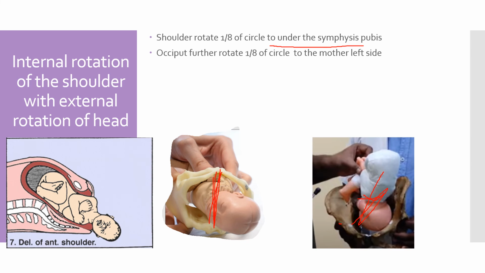Then simultaneously the occiput rotates a further 1/8 of the circle and faces the left side of the mother. For the mother, this side is the left side, this side is the right side. So the occiput rotates a further 1/8 of the circle to the left side of the mother. That is the meaning of internal rotation of the shoulder with external rotation of the head. Clear?